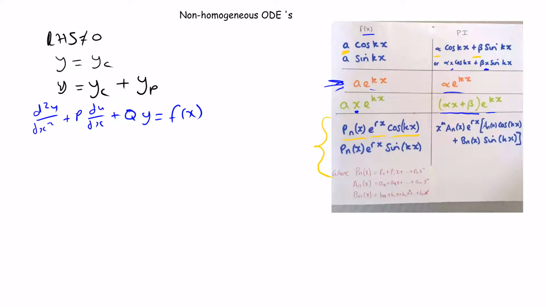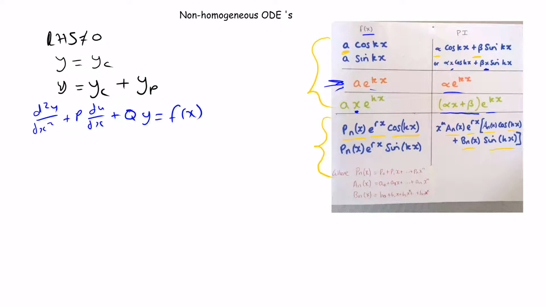So it will be x to the power of m, where m is a constant to work out, times by a polynomial of x times by an exponential, and in the brackets we'll have polynomial times by cos plus another polynomial times by sine. So that's where it gets quite complicated. But we will have a look at these first three ones first.